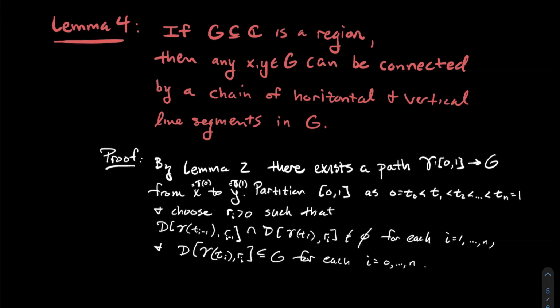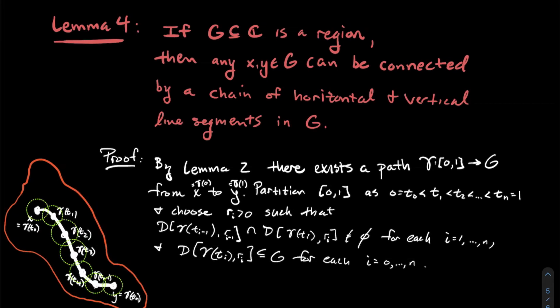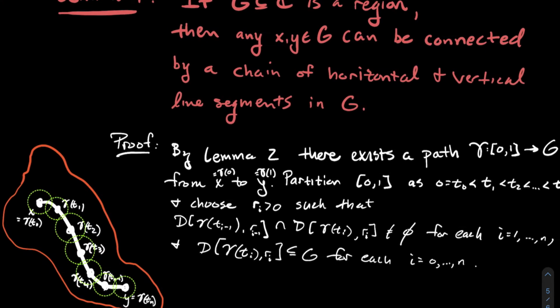So I'm able to throw more partition points in as needed to make the radius smaller, all that good stuff. So convince yourself that you can do that. And I've just got a little picture for you right here. There's my set G, and I'm saying I'm going to partition the path from x to y in such a way that these neighborhoods have some overlap as I go.